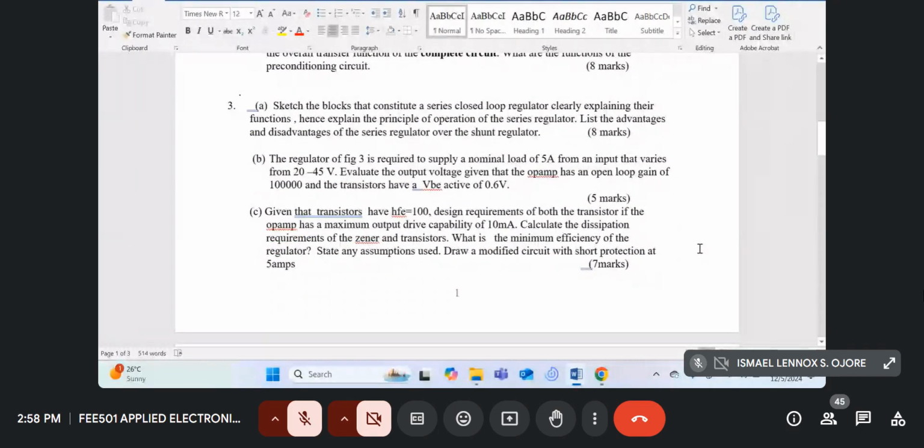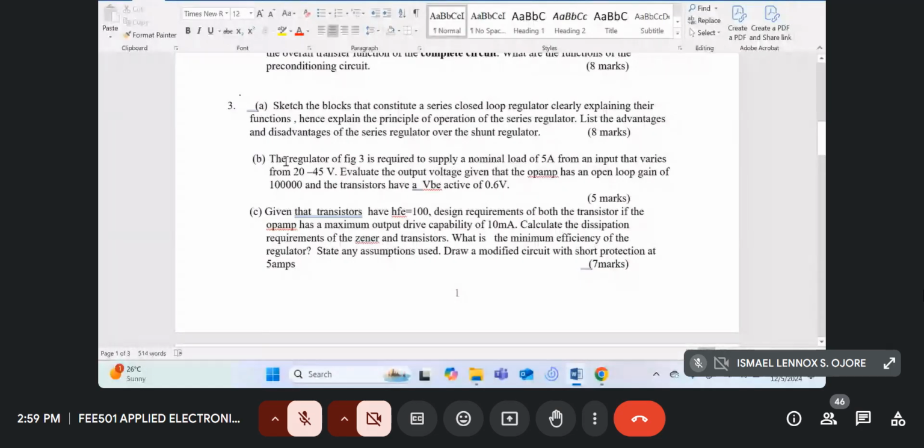So CAT exams are almost the same. This question is on regulators. Create the blocks that constitute a closed-loop regulator, clearly explaining their functions, and hence explain the principle of operation of the series regulator. List the advantages and disadvantages of the series regulator over the shunt regulator. So we've done that.